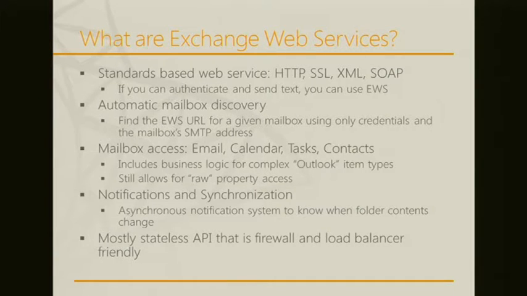The type of information stored in a user's mailbox is email, calendaring, contacts, and tasks. An important thing to remember, as compared to MAPI, which a lot of applications were built using, is that with Exchange Web Services you not only get the data, you get the business logic. The API itself is action-oriented. When you create a calendar item, you're leveraging all the business logic which Outlook, for example, provides.